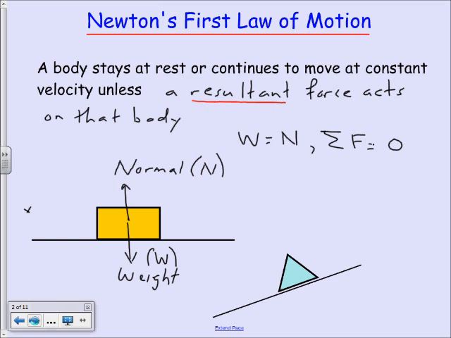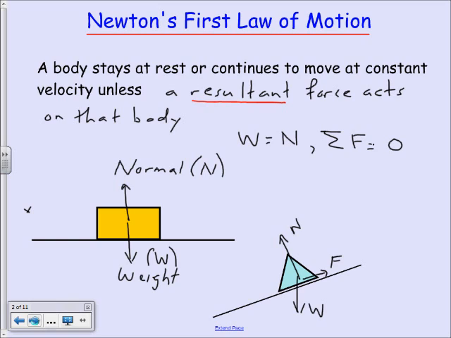If we look at this next example, we've got a triangular shaped block sitting on a sloped surface here. So once again, we've got the weight. Once again, we would have a force normal to the surface. And there will be a third force acting, and that's going to be a force of friction acting this way, which would stop the thing moving down the slope.